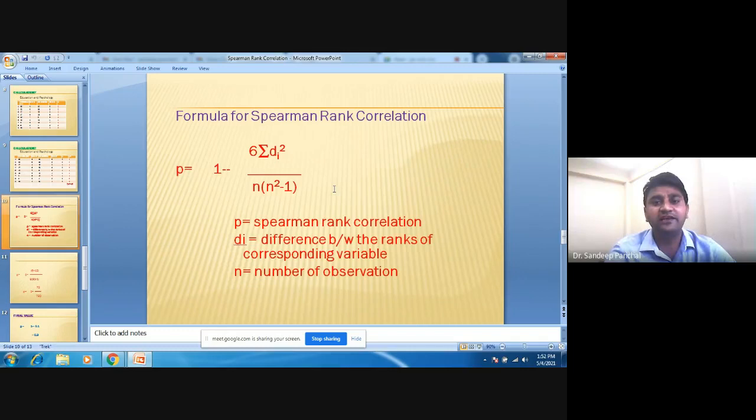Then we will apply the formula of Spearman rank correlation, that is p is equal to 1 minus 6 sigma D square by N into N square minus 1.